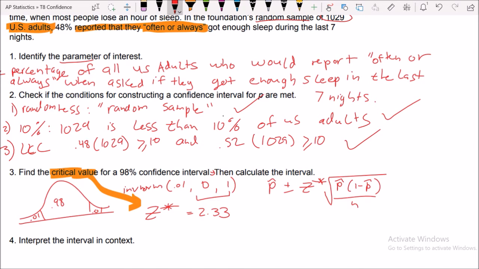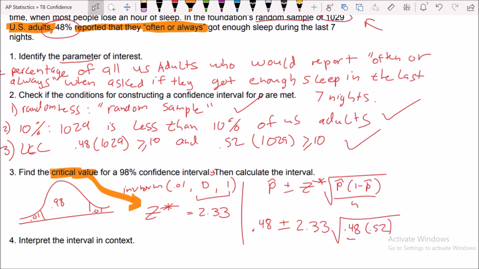We were told that p hat is 0.48 and that the sample size is 1,029, and we now know the z star, so we can plug those in right now. So 0.48 plus or minus the z star we just calculated, 2.33, times the square root of 0.48 times its complementary probability, 1 minus that, which is 0.52, divided by 1,029.